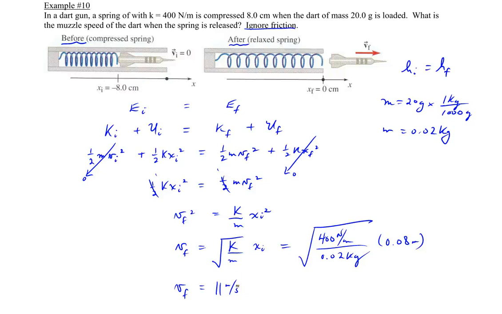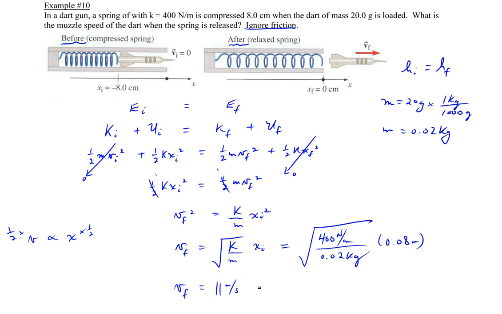Notice some things, by the way, with this. You can see that the velocity is directly proportional to the displacement. So if we were to move the dart back only 4 centimeters instead of 8 centimeters, so half of the distance, then what would happen to our velocity? Our velocity would be only half of this amount.